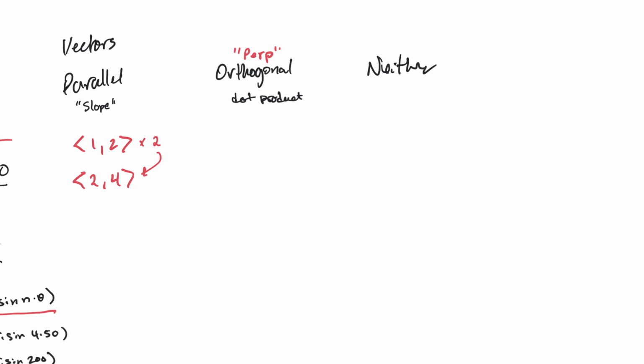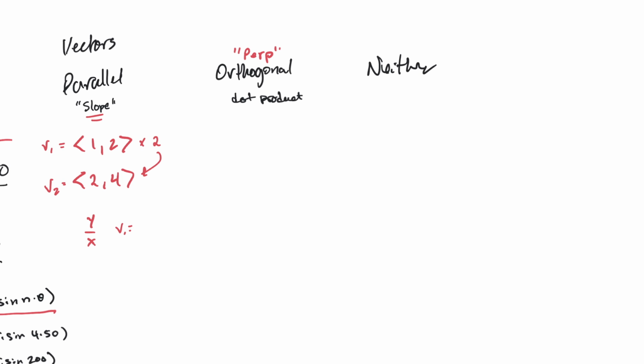Now, sometimes it's not so obvious. You've got fractions or you've got some kind of unusual values to work with. Here's the easy way. We want to talk about the slope of the vector, right? Slope is y divided by x. So what we're going to do is do that for both vectors. We'll call this v1, and this is going to be v2.